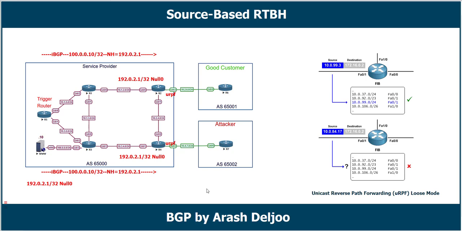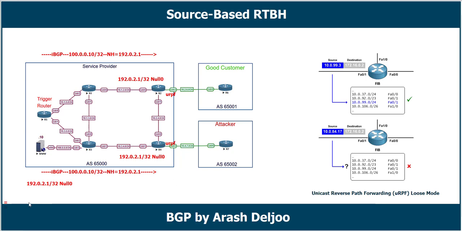After this configuration, instead of sending the iBGP trigger update for the IP address of the server, we use an IP address equal to the source IP of the packets we receive from the attacker.